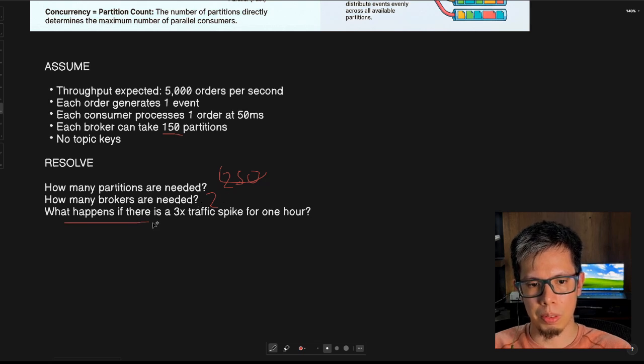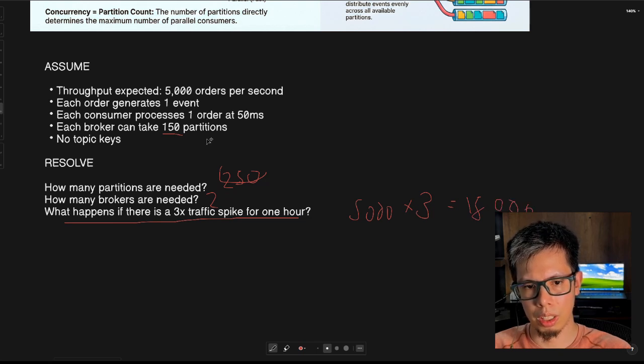And what happens if there is a 3-times traffic spike for 1 hour? What happens with the queue or the topic is that there will be a delay in the partition. Okay, it's easier to calculate. A 3 times traffic spike means that there will be 5,000 orders multiplied by 3, right? That means that it will be 15,000.